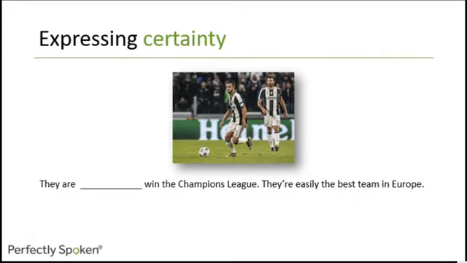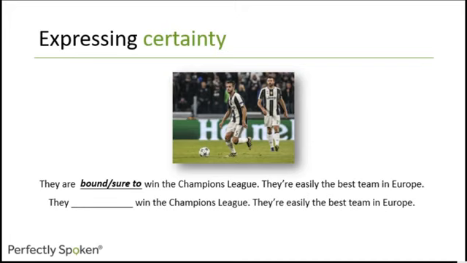They are something win the Champions League. They're easily the best team in Europe. So we think that it is certain that they are going to win the Champions League. They are bound to or sure to win the Champions League. They're easily the best team in Europe.